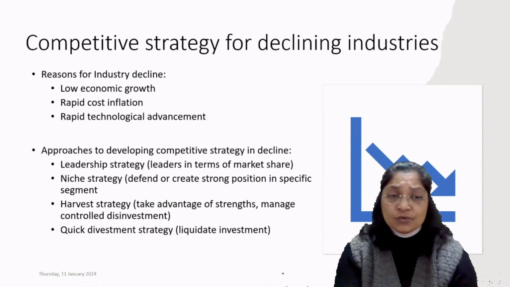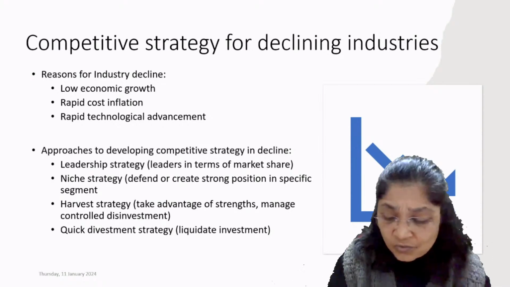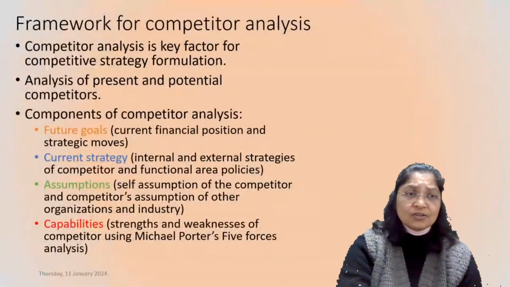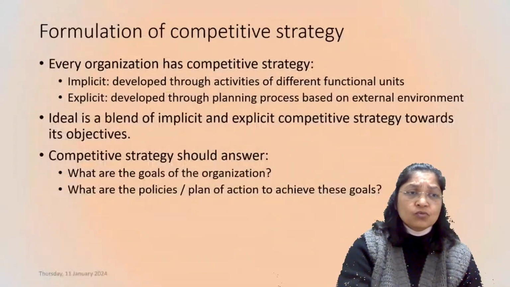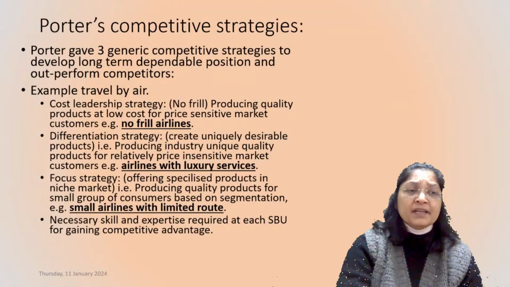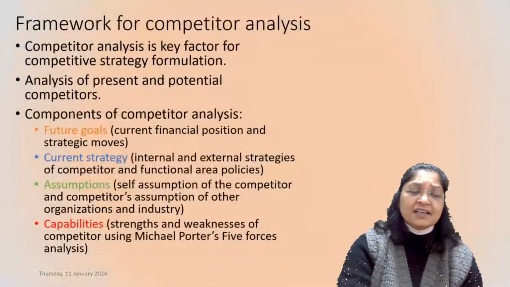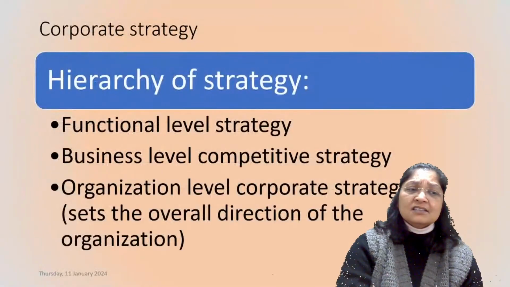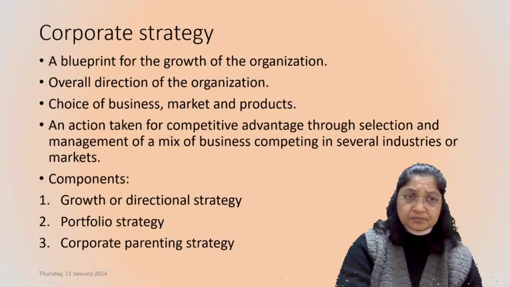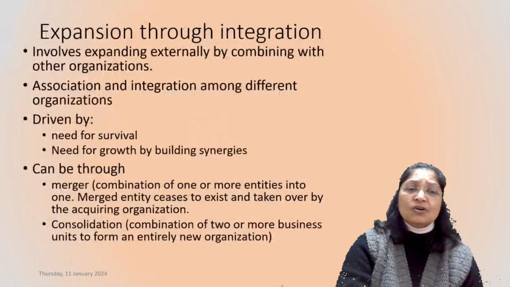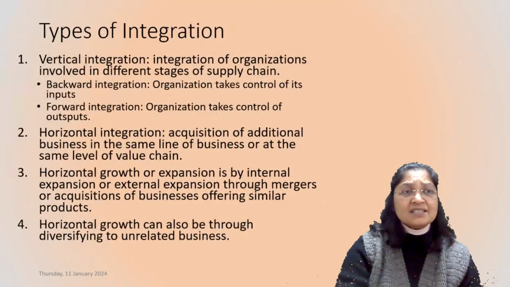Now, what you try to do is, like we had done with cost advantage, let's say a cost leadership strategy. Through cost leadership strategy, the company tries to have leadership over the other companies.